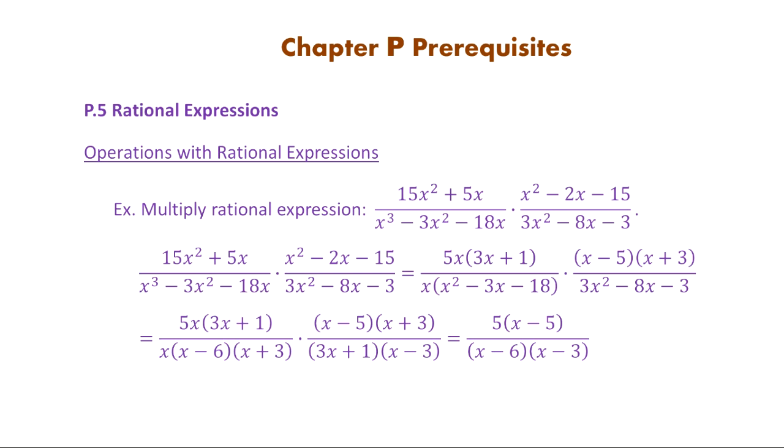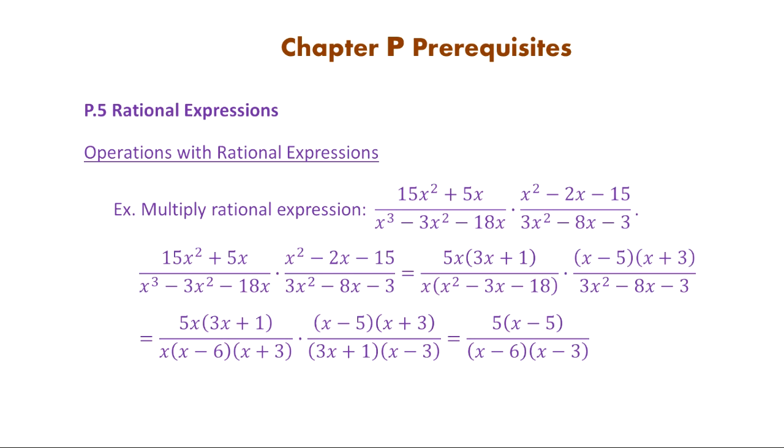Okay, so 15x squared plus 5x, obviously you can factor out 5x, and you get 3x plus 1. And x cubed minus 3x squared minus 18x, you can start by factoring x from all the terms to get x squared minus 3x minus 18.